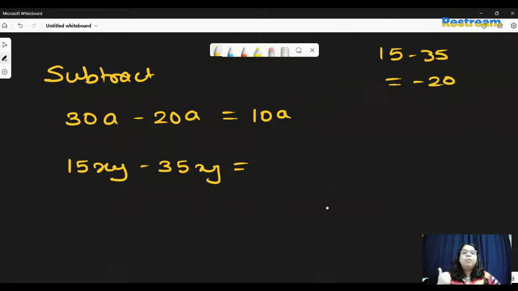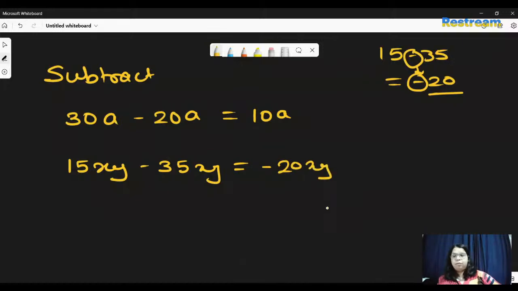Whenever you have two different signs on the two different numbers, subtract the smaller number from the bigger number and give the sign of the bigger number. So here 15 is the smaller number, 35 is the bigger number. 15 has a positive sign, 35 has a negative sign. So I subtracted 15 from 35 where I got 20, and then I took this negative sign and put it over here. So it's minus 20. So I'll get minus 20xy.